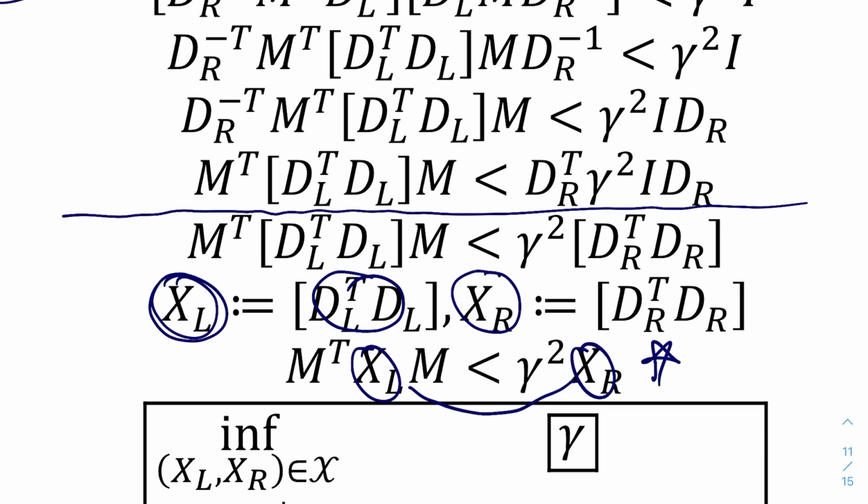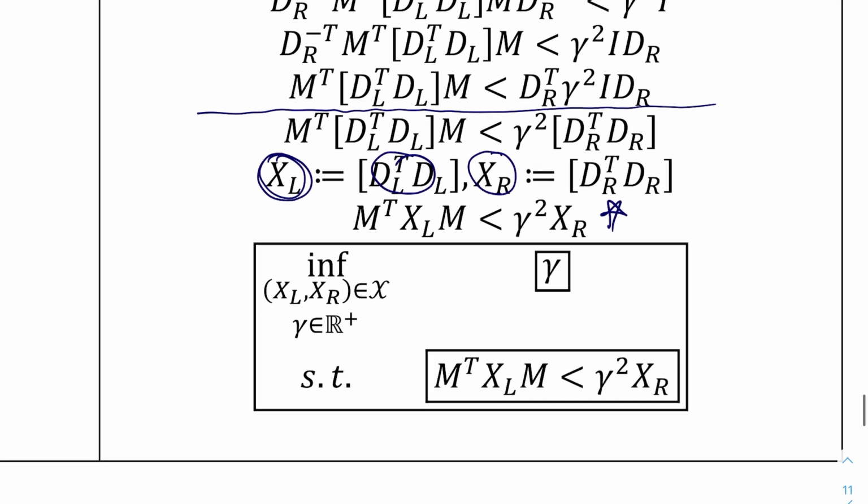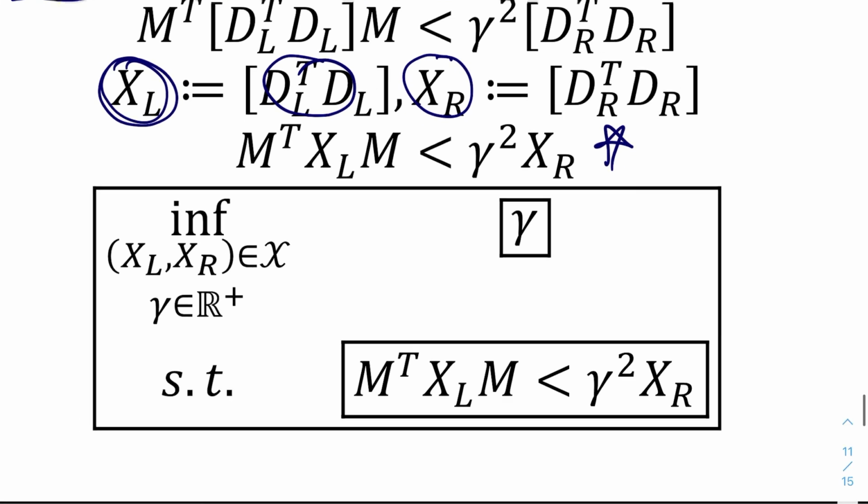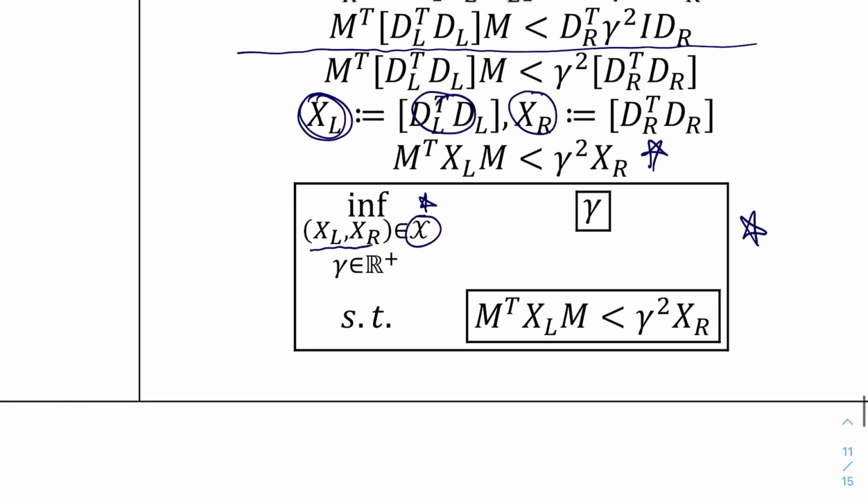There is also some relation between XL and XR, so the degrees of freedom are smaller than we think, in the worst case I guess. So this is the problem here, XL and XR, and they are located in some specific X set again. And this is a bisection feasibility problem.